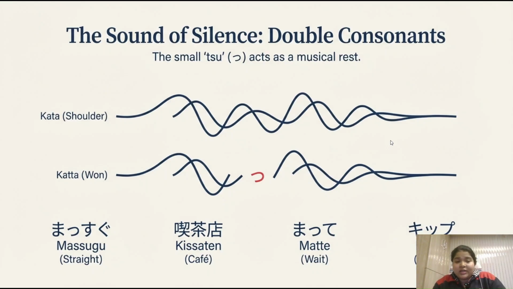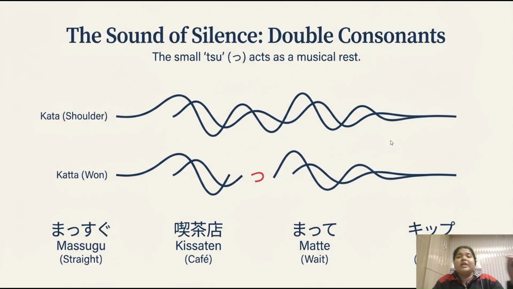Whereas in the latter one, which is won, it is katta. Katta. You see, katta, there is a space where you take a rest, a beat, which is actually missed. So when we have double consonants, it can be double T, it can be double S, it can be double P, it can be anything.